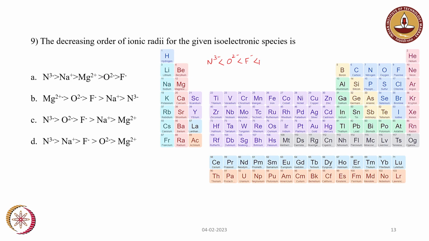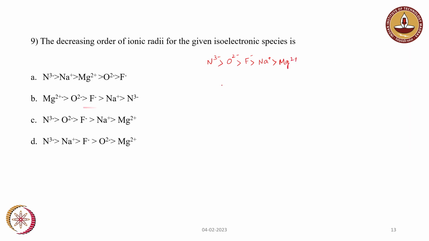So sodium plus will have a larger radius compared to magnesium 2 plus. So the answer will be C.